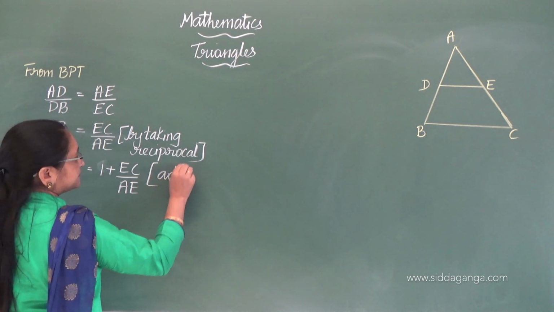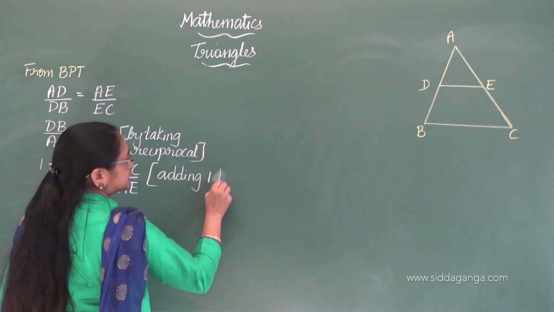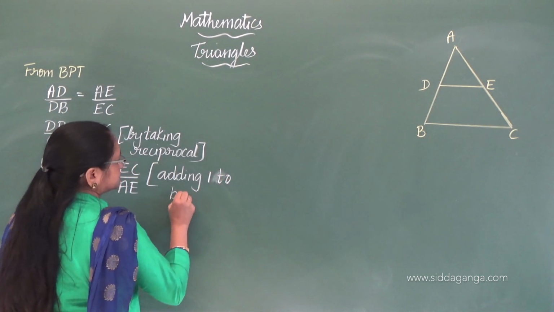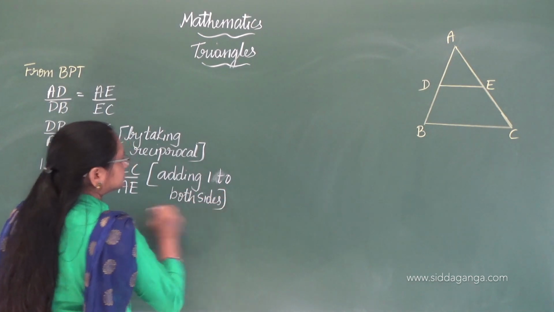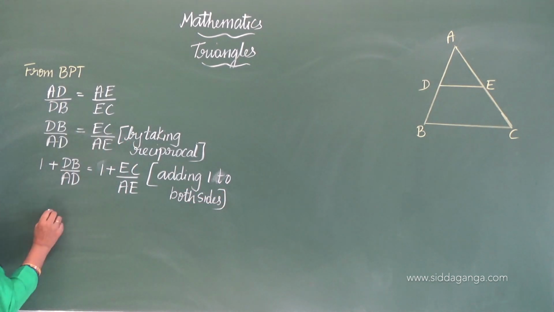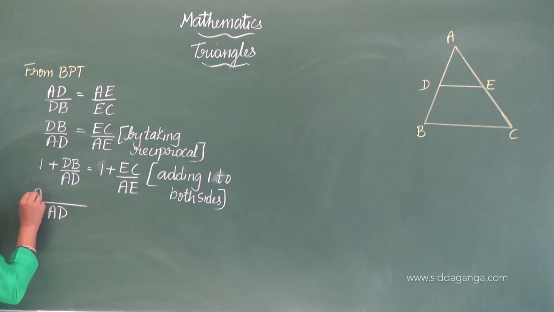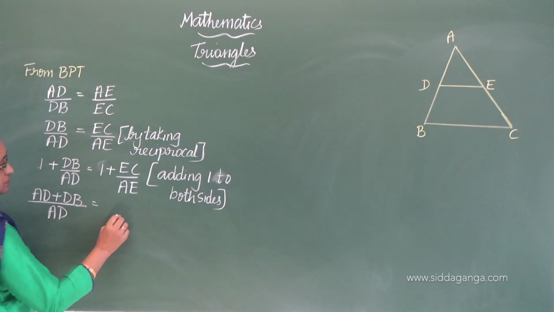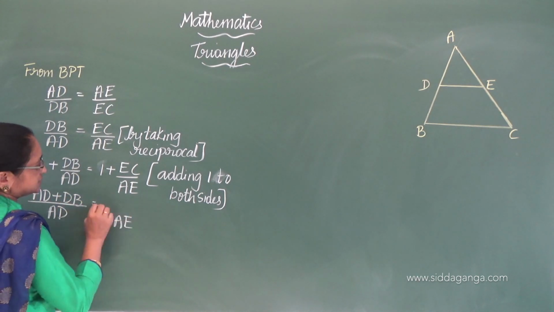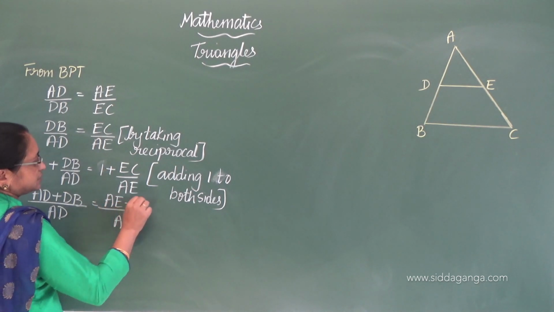Adding 1 to both sides. Then I'll take the LCM. So this will be AD plus DB is equal to AE. I have taken LCM. This will be AE plus EC.